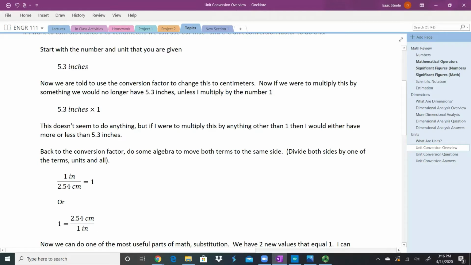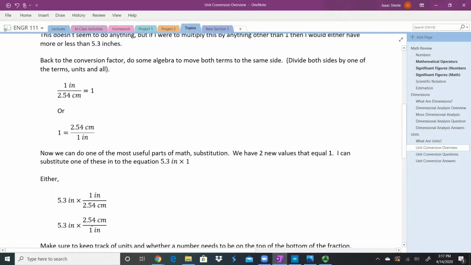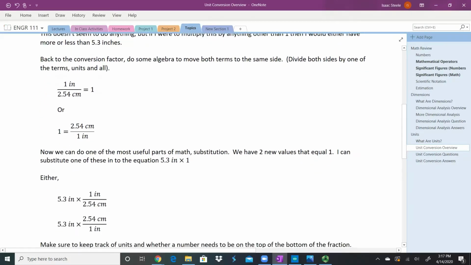If 1 inch over 2.54 centimeters equals 1, that means anywhere in the world where I need a 1, I can plug in 1 inch over 2.54 centimeters. Or I could plug in the other one, which is 2.54 centimeters over 1 inch. So when I do that, I get one of these two situations.